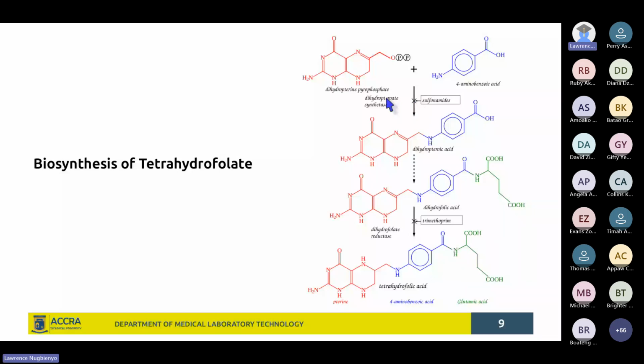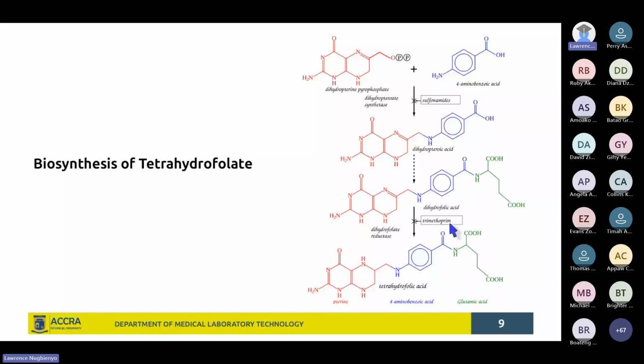This enzyme, which catalyzes that first reaction, is inhibited by sulfonamides, which are a group of antibiotics. There's another one here, the third arrow below here. There's also a small note there, trimethoprim.